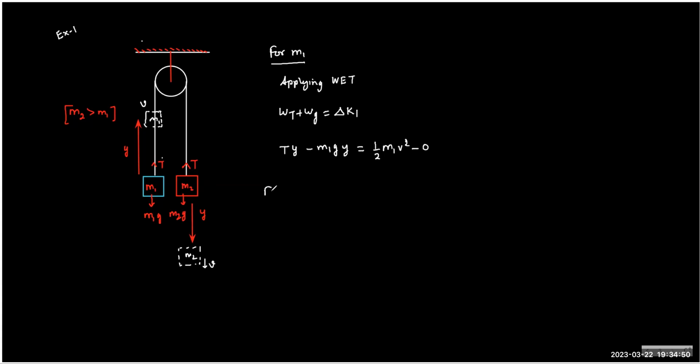So similarly, can you tell me the answer for M2? What should I write here? Minus TY plus M2GY is equal to half M2 V square.